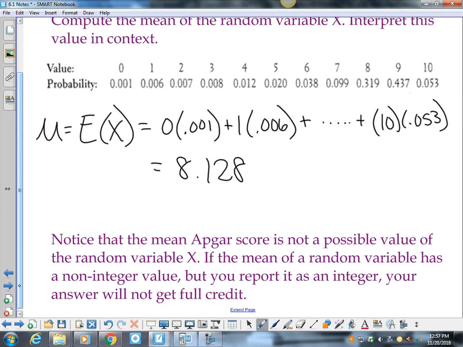Who wants to make me a sentence? Well, yeah, you're interpreting what the expected value is. Yeah. I mean, make it be about Apgar scores and babies.